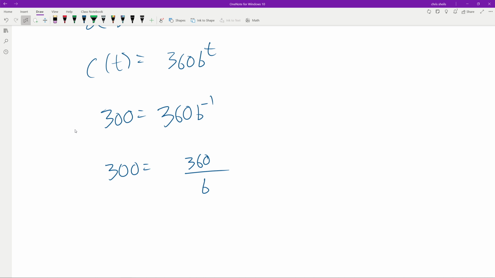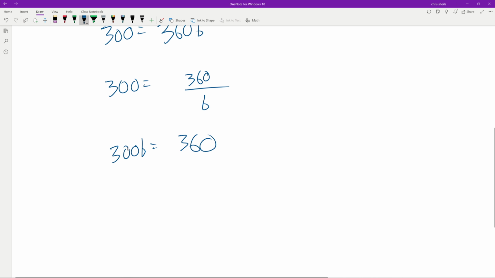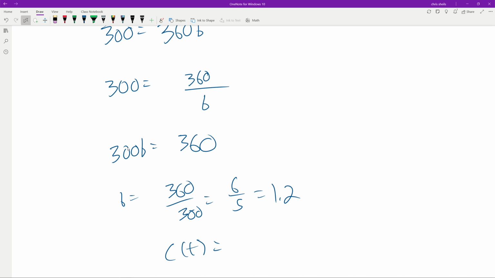Multiplying both sides by b, I get 300b equals 360, and then dividing both sides by 300, I get that b is 360 over 300. This simplifies to 6/5 or 1.2. This gives us the equation C of t equals 360 times 1.2 to the t power.